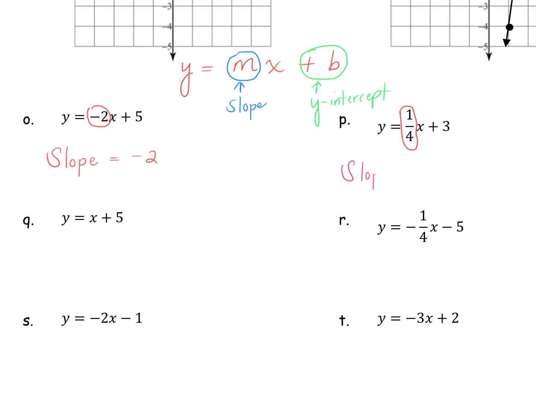So on here, my slope is going to be 1/4. Okay, letter Q. If I look in front, I don't see a number in front, but when no numbers are in front and it exists, it actually has a coefficient of 1. So in this situation, my slope will be equal to 1. Okay, so I'll let you finish the rest of it off.